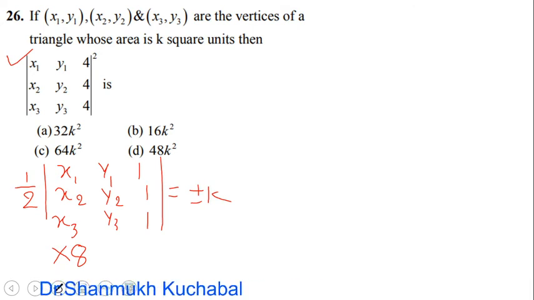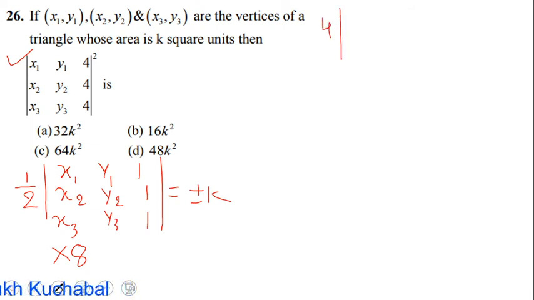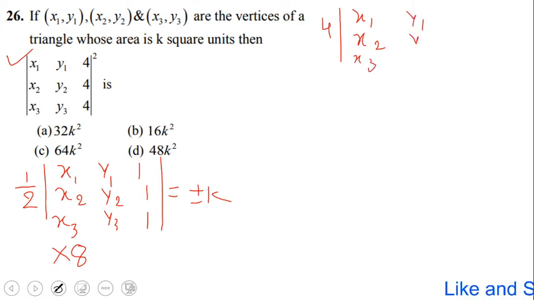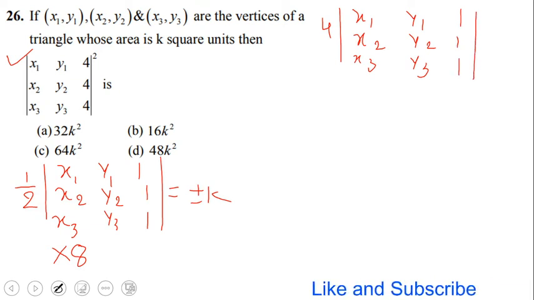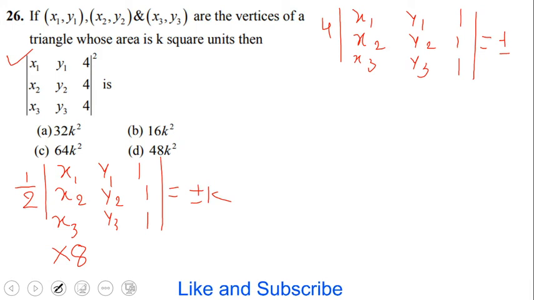Multiply by 8. So 8 by 2, 4 we are going to get. So 4 into the determinant of x1, x2, x3, y1, y2, y3, 1 1 1 equals plus or minus 8k.